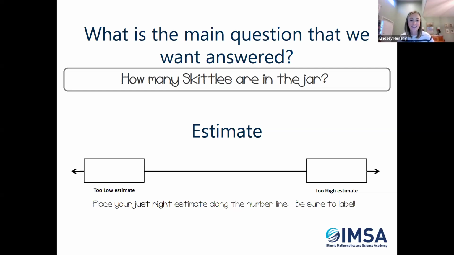That fits. That's good. Very nice. All right. Low 200, high 600. Okay, 250,000 Skittles. I like it. That's good. You're right. Low 40, high 100. What's your just right then?